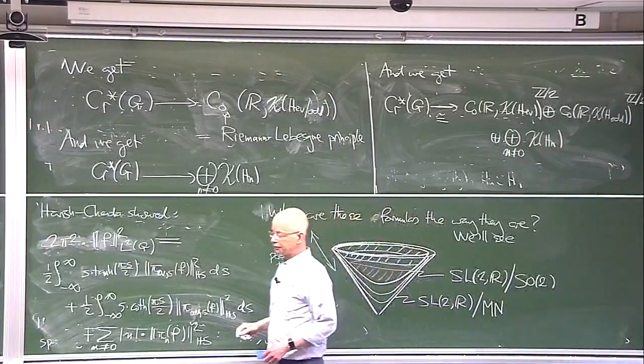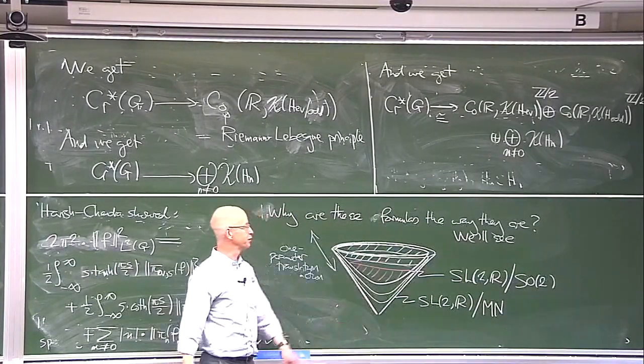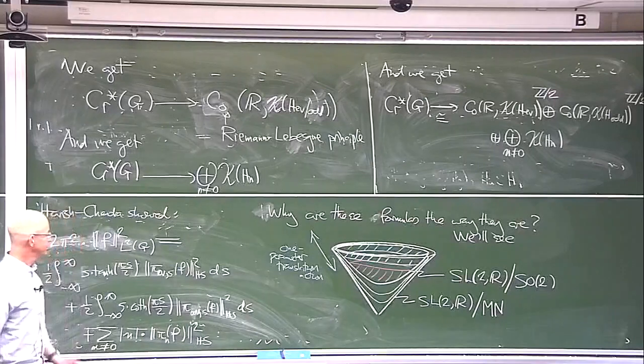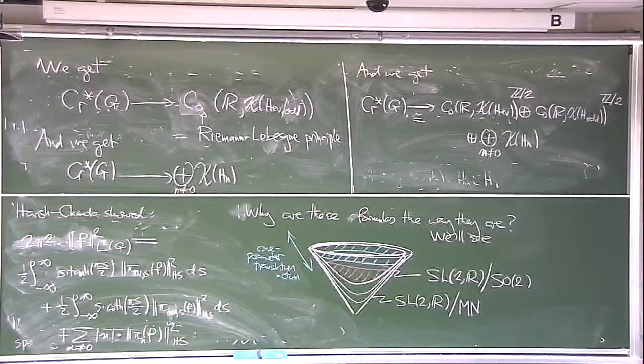And what I want to explain to you is how to build these pictures. First of all, let's just say that we've already built it as we did for SL2.